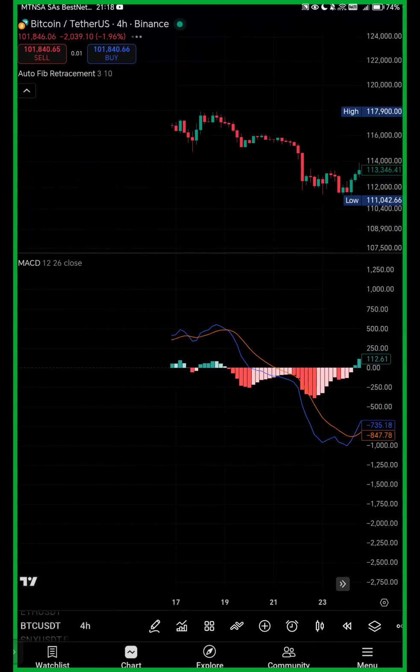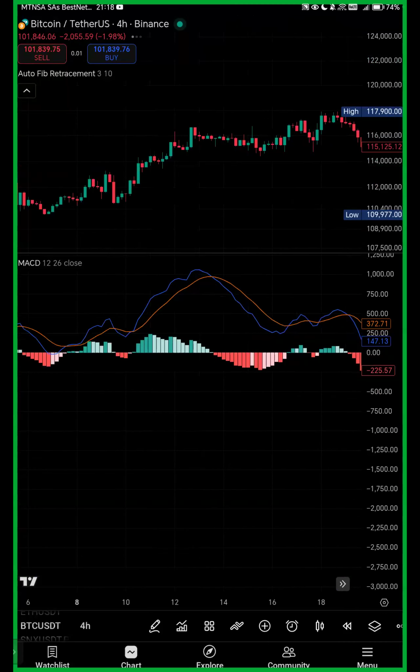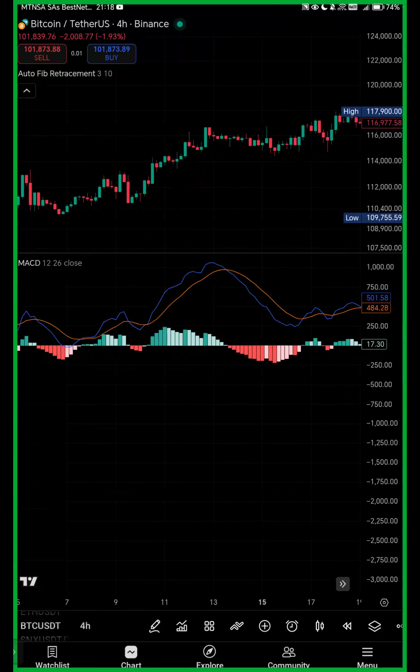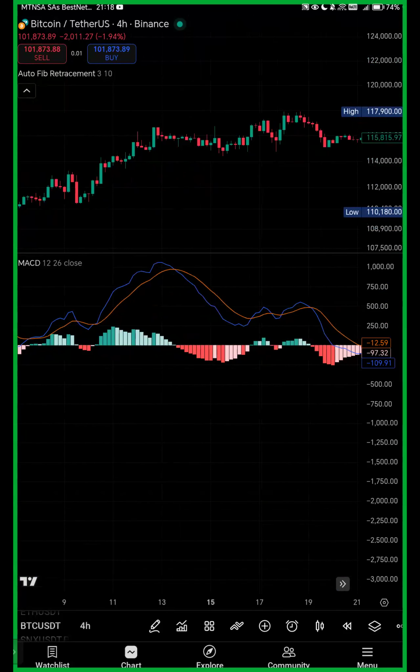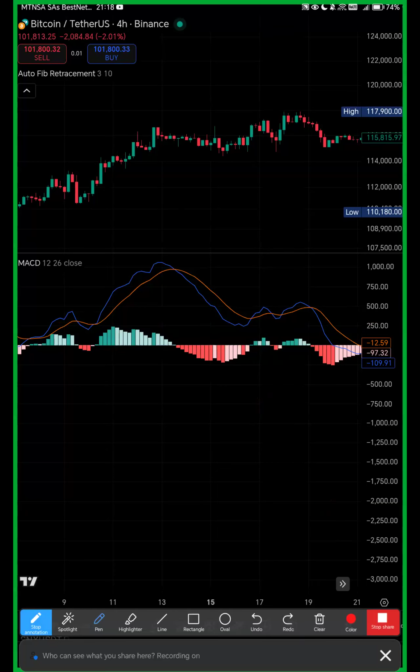So you can see here the MACD line crossed the orange line, which is the signal line. As you can see here, this was happening above the zero line.